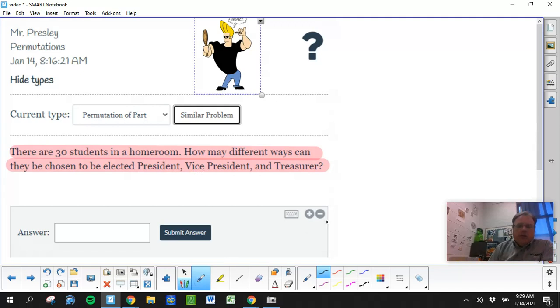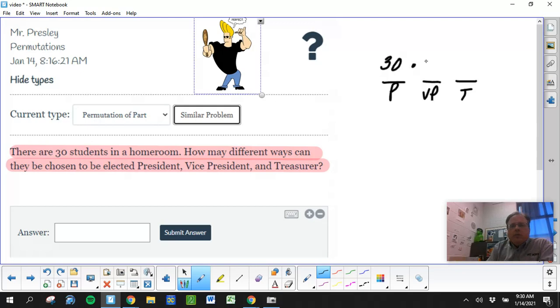So if you start thinking about that in a common sense way, there are three offices: the president, the vice president, and the treasurer. Now, if you do president first, there are 30 people to choose from. But once you've chosen a president, the person can't also be a vice president or a treasurer.